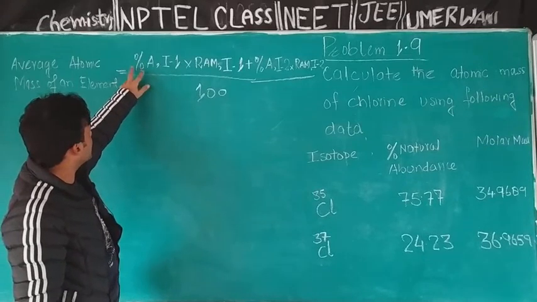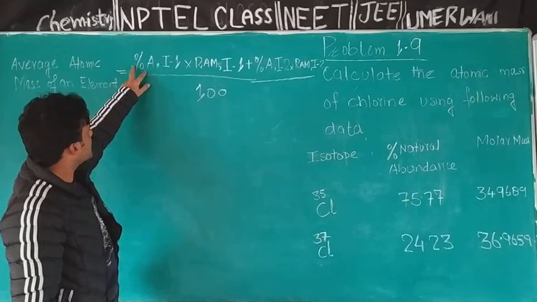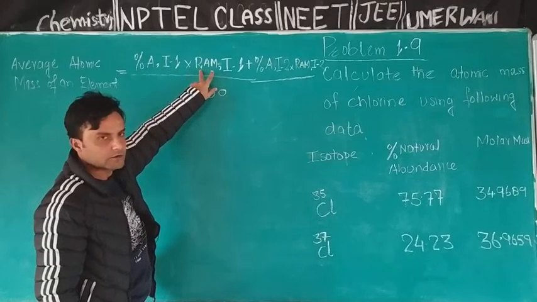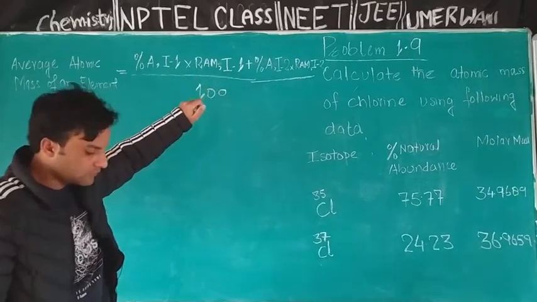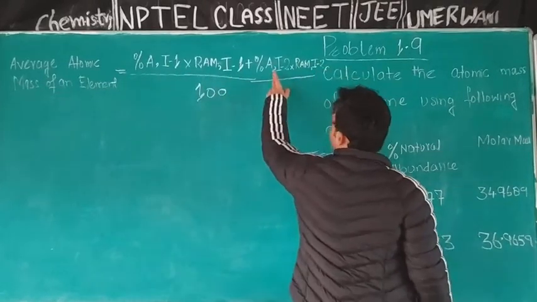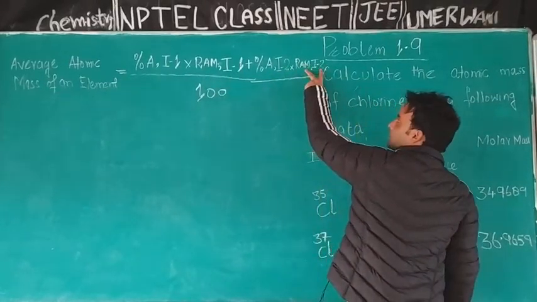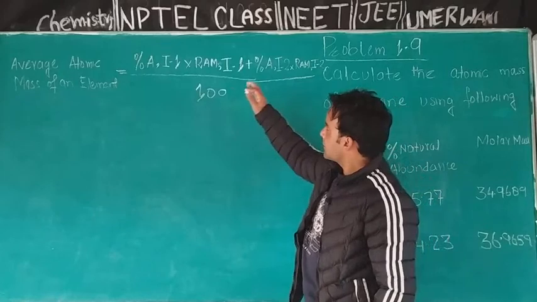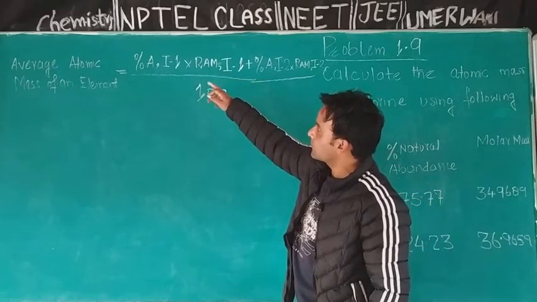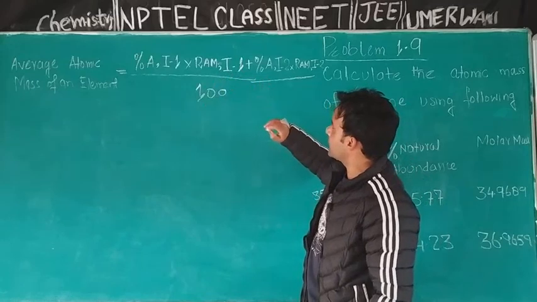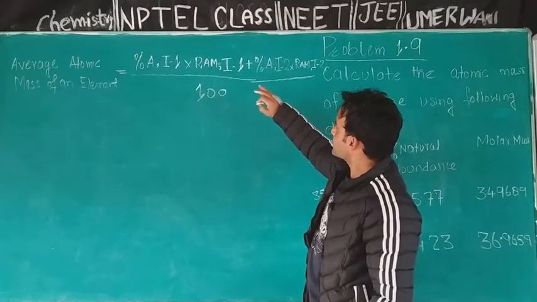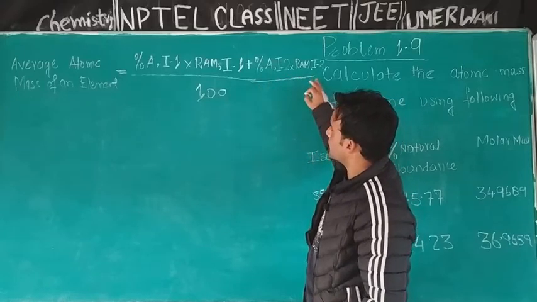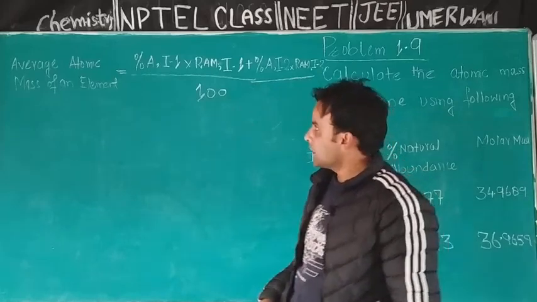On the right-hand side, I wrote the percentage abundance of isotope first multiplied by the relative atomic mass of isotope first, plus the percentage abundance of isotope second multiplied by the relative atomic mass of isotope second, divided by 100. So for each isotope we calculate the product of its percentage abundance and relative atomic mass, add these numbers for all the isotopes, and divide by 100 to get the average atomic mass.